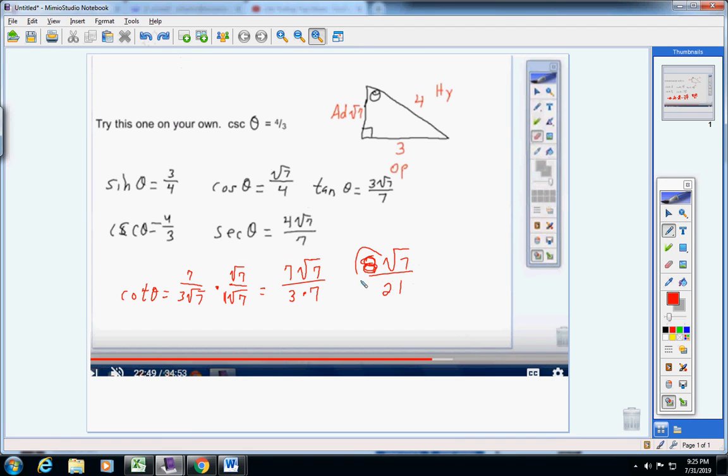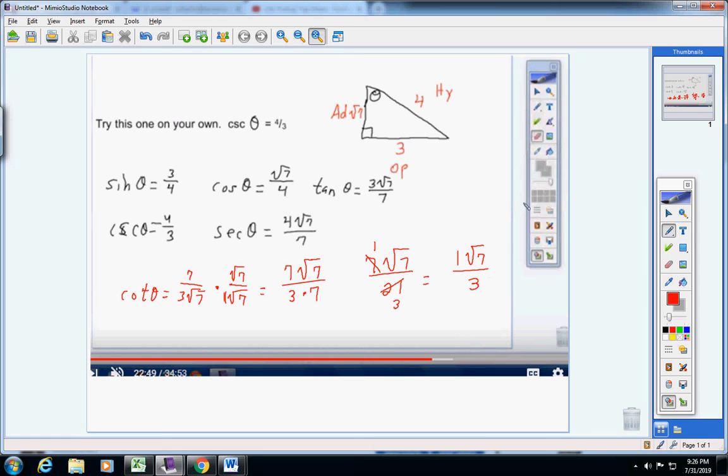You cannot reduce these because nothing goes into them, so you would be done. But we don't have an 8 here, we have a 7, and 7 goes into both of these numbers. 7 goes into 7 once, 7 goes into 21 3 times. 1 square root of 7 is 1 square root of 7, and there's a 3 down here.